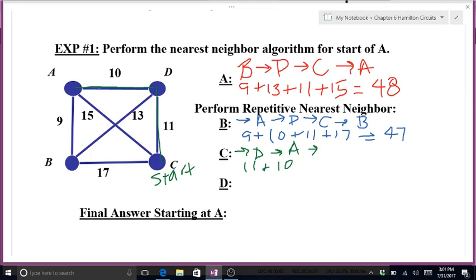I must go to B before I return home. So if I go to B then, that has a weight of 9. And finally, back to my starting position. So we're going back to C, which is a weight of 17. And this also has a grand total of 47.